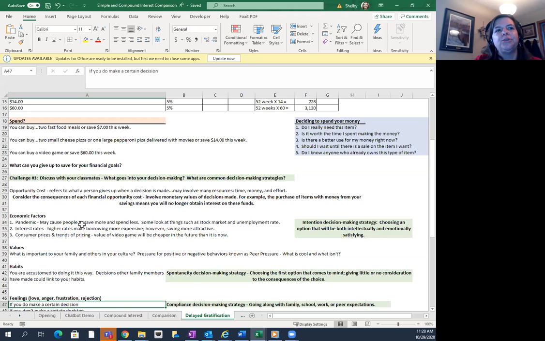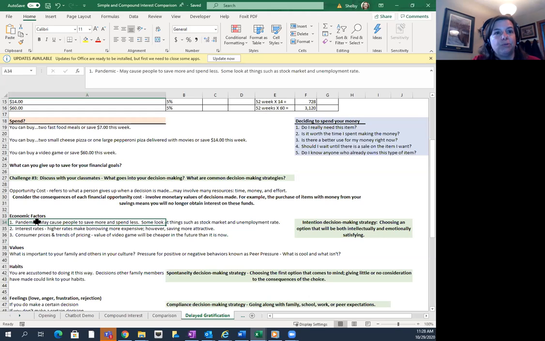But when you look at it too, as adults too with the pandemic, what are your parents doing right now? They're looking at saving more money and spending less because of what we're going through. And they often will look to the stock market and unemployment rates and those kind of things. Interest rates, interesting with that, is the higher rates make borrowing more expensive.